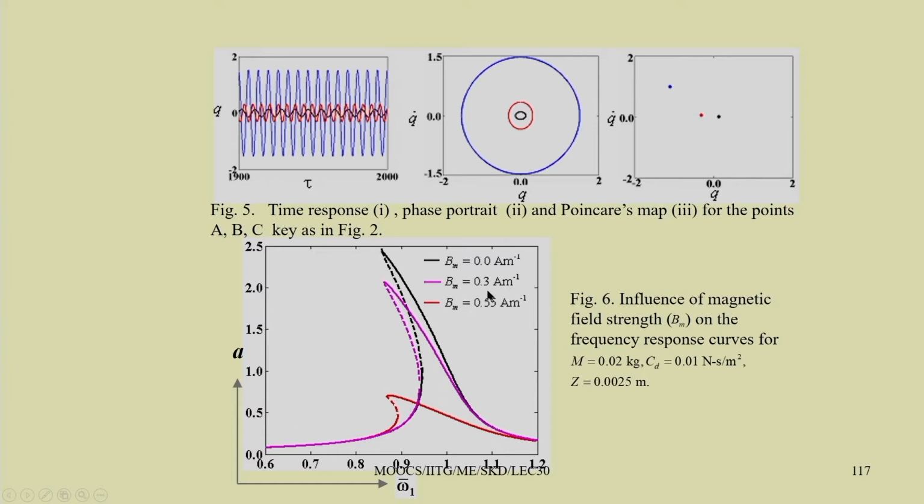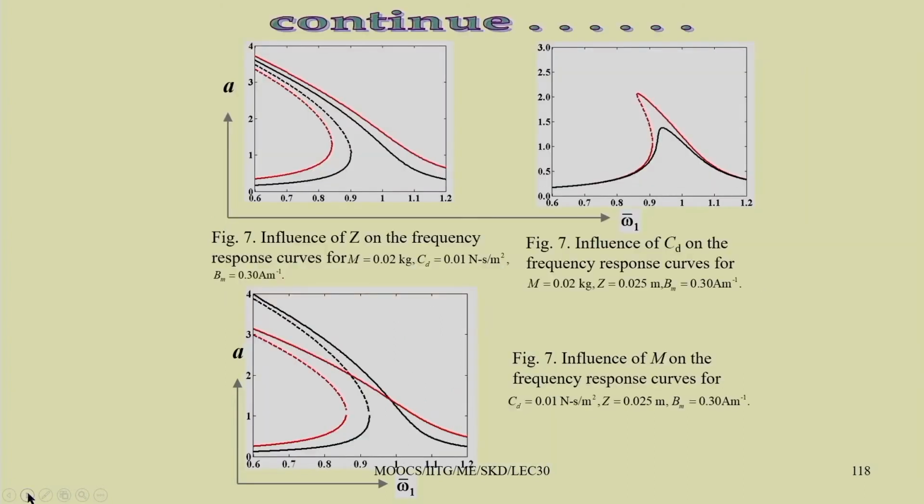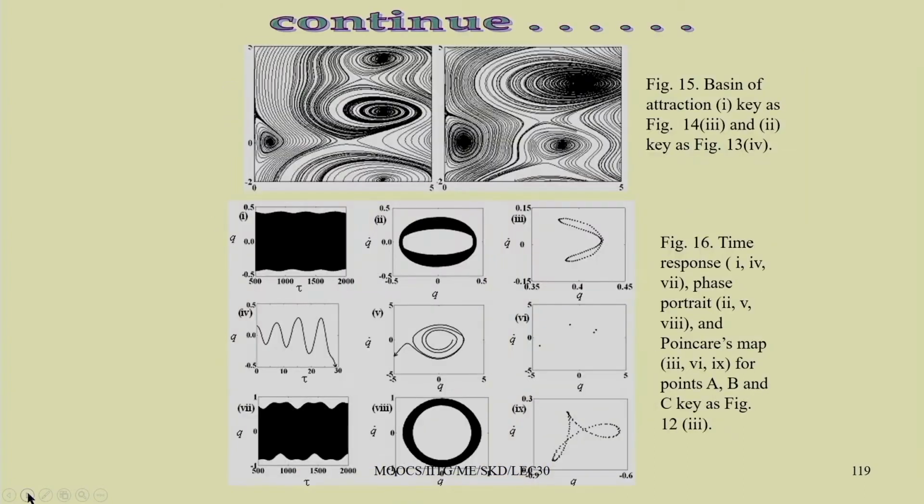Now, by applying a magnetic field of 0.3, this pink color, and then finally by applying a higher magnetic field, it has reduced further. If we have a magnetoelastic beam, then by simply applying a magnetic field we can control the vibration of the system. This is happening because we can control the stiffness of the structure by applying the magnetic field.